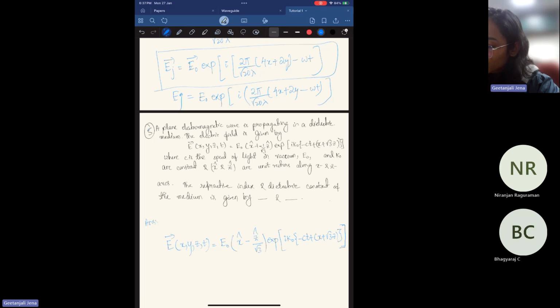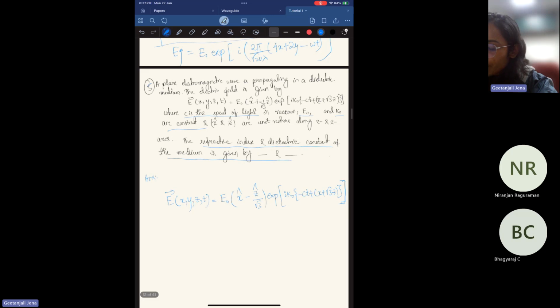Now the information is that c is the speed of light in vacuum, E0 is the amplitude, k0 is a constant, and x cap, z cap are the unit vectors along the x and z direction. Now it is asking you to find the refractive index and dielectric constant of the medium. If you find the refractive index, then you can easily calculate the dielectric constant.